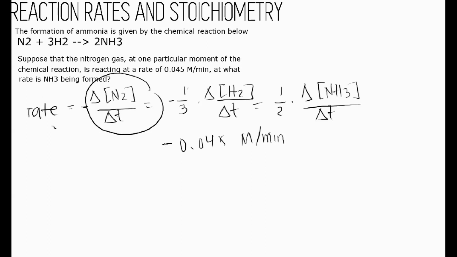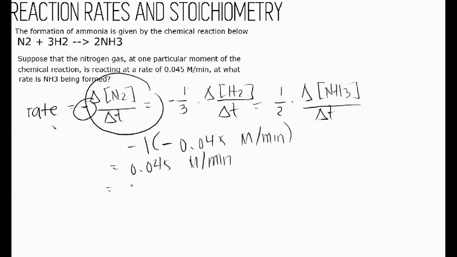Negative 0.045 molarity per minute. And since we also have another negative sign on the expression, we are going to multiply this again by negative 1, which will give us 0.045 molarity per minute. So now we have a positive answer, and that corresponds to the logic that we have, that if we are talking about the reaction rate of a product, it must be on a positive notation.